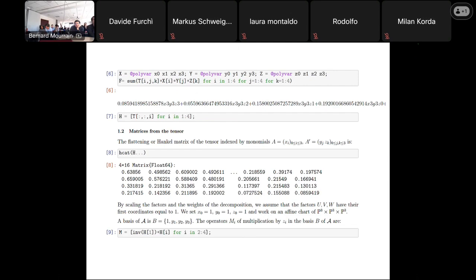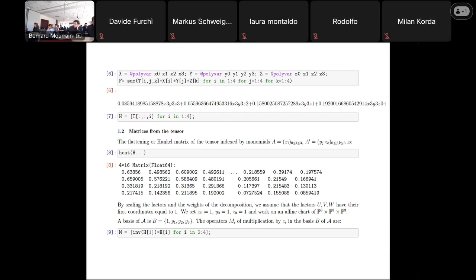We compute the flattening for the monomials A, which are here, and A prime, which are the products xi, yj, zk, and we get these 4 by 3 matrices corresponding to the blocks here put one after the other. So the faces put one after the other.